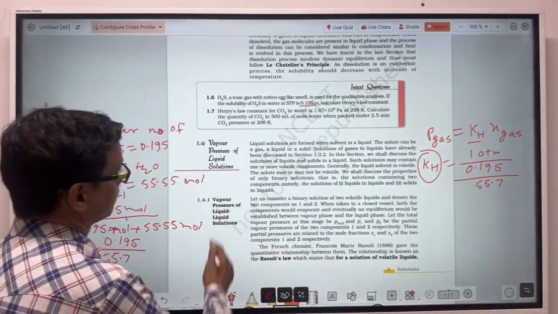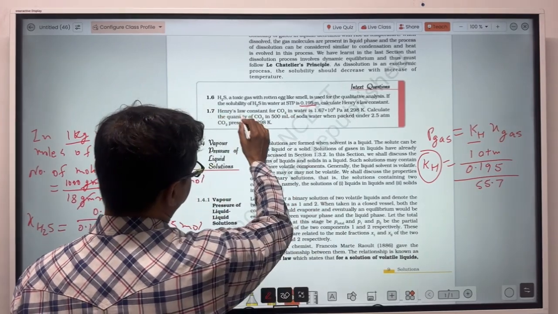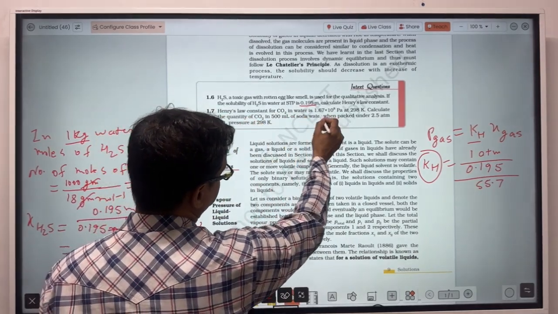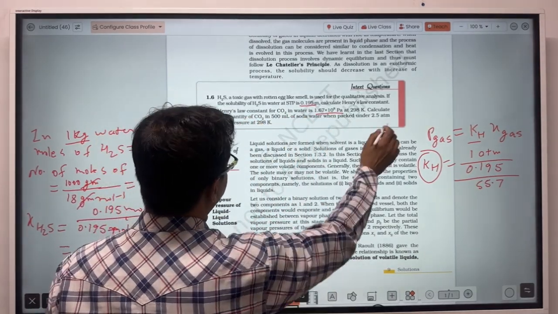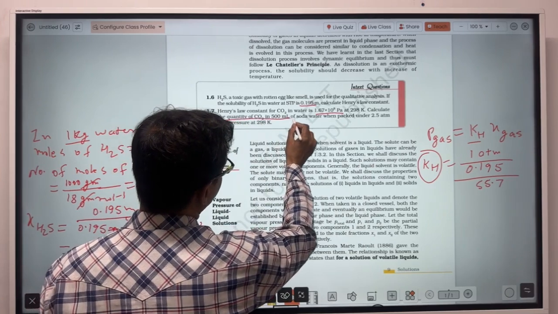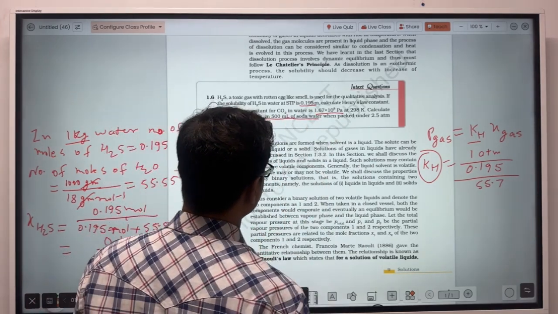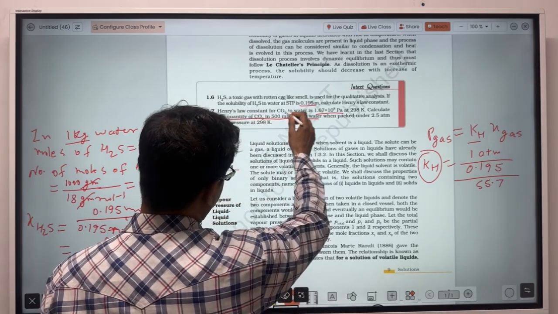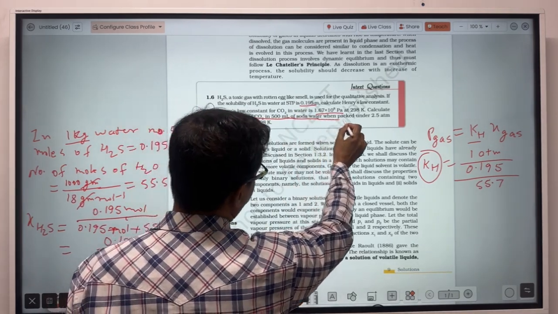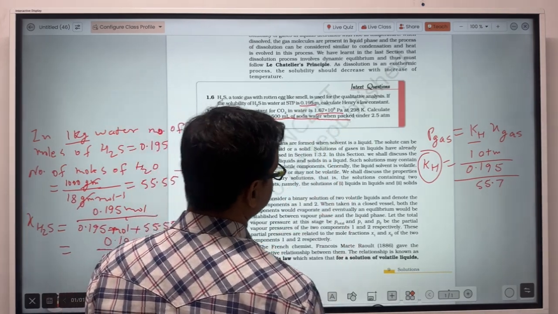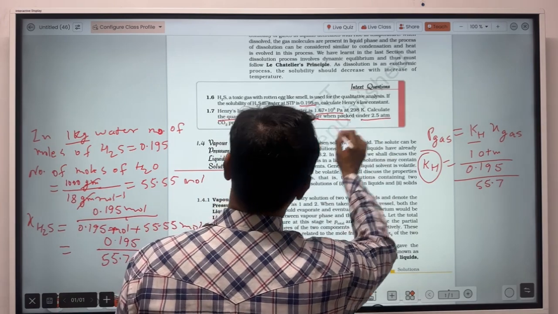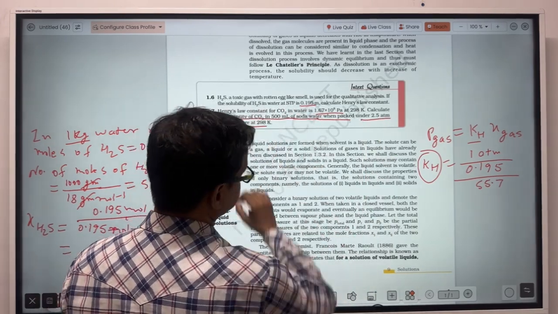Now let's see this question. Henry's law constant for CO2 in water has been given. Calculate the quantity of CO2 in 500 milliliter of soda water. 500 milliliter of soda water means the mass of soda water will be 500 gram, and the pressure is 2.5 atm.